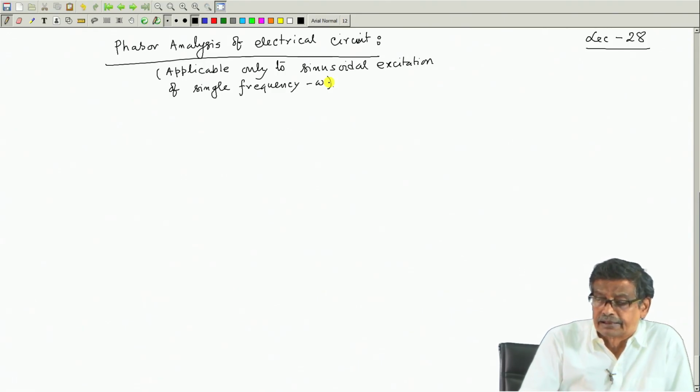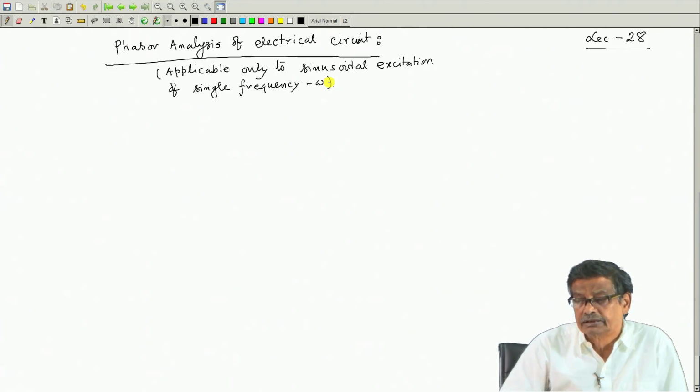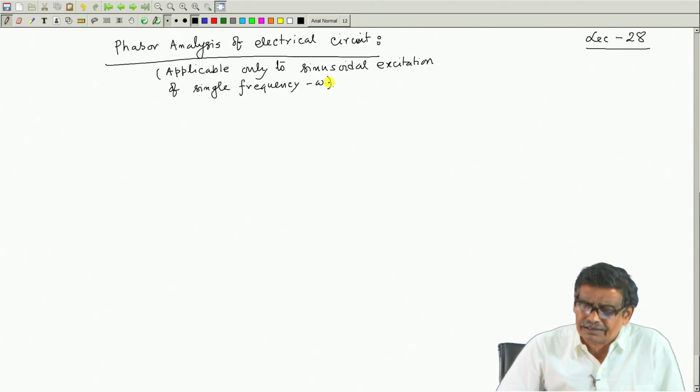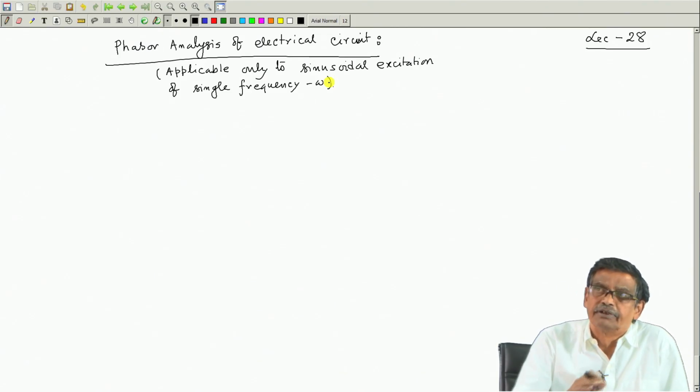So, here is a technique which will allow you to solve for the forcing function solution rather easily by using Phasor approach.